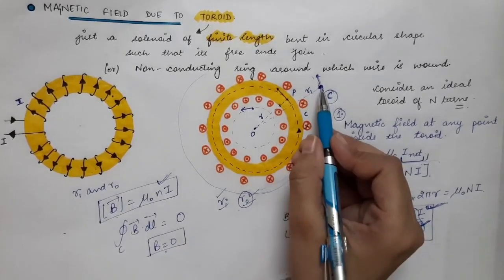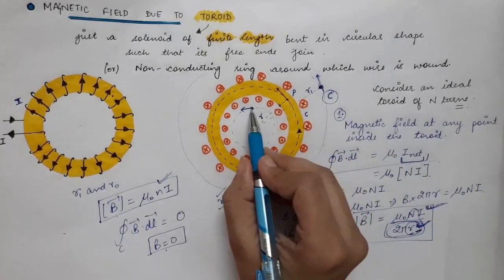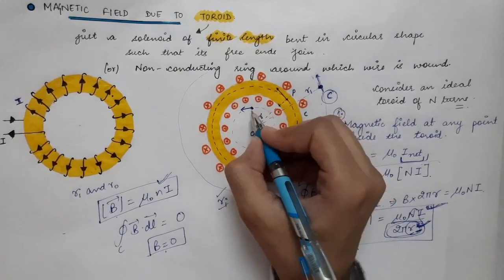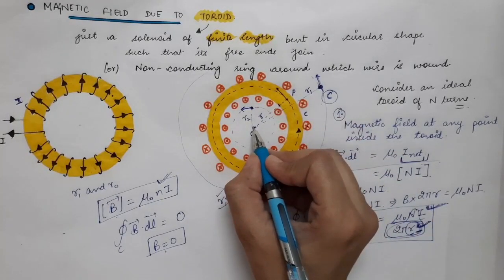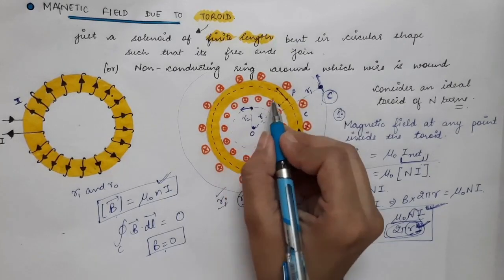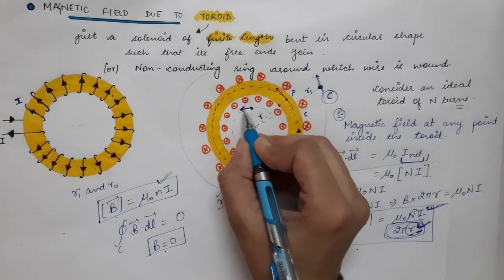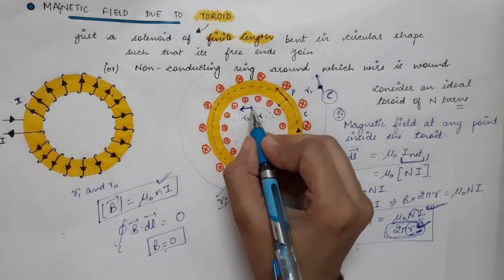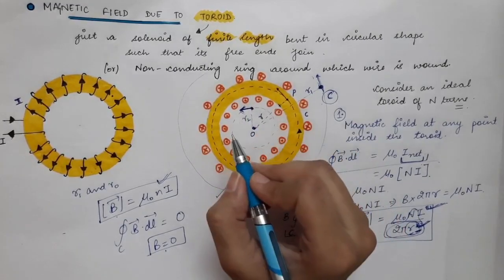And similar is the thing when the observation point is present over here. So you will draw a circular path whose radius is equal to, let's say, R2, and center of the circular path is at this point. So if magnetic field is present, then according to the symmetry of this system, magnetic field would be tangential to this circular path, and dl vector will also be in this direction because we are moving in the anti-clockwise direction.